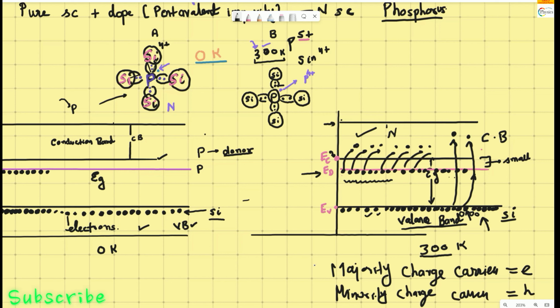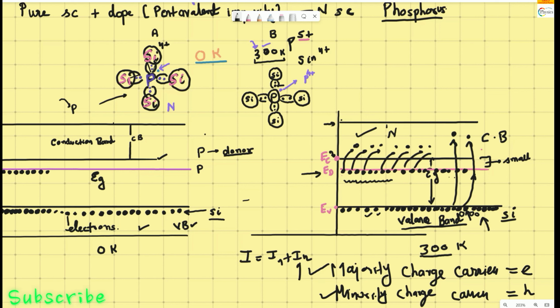So remember, when an N-type semiconductor conducts electricity, you have the charge, which is electron, moving in the conduction band energy level, and the holes are moving in the valence band level. So the current in an N-type semiconductor is also due to electrons and also due to holes.